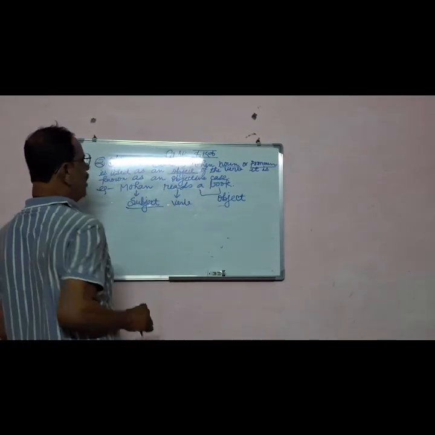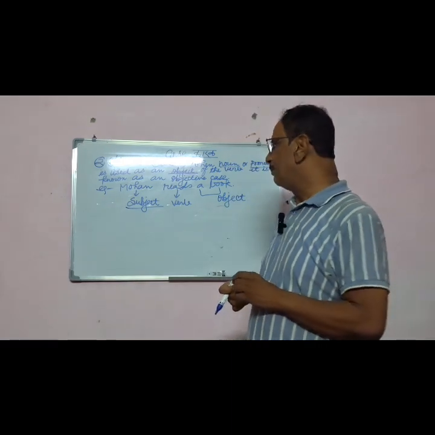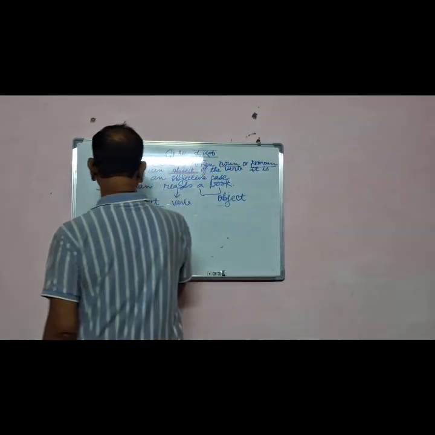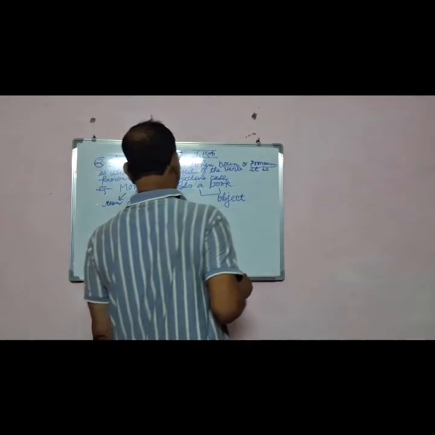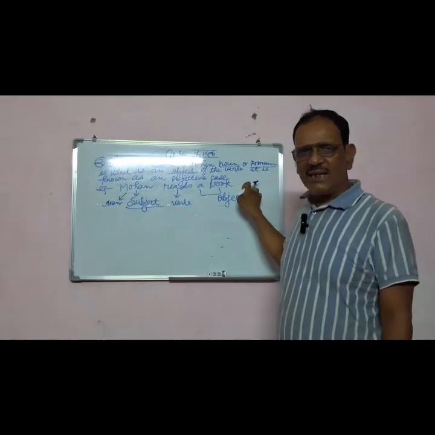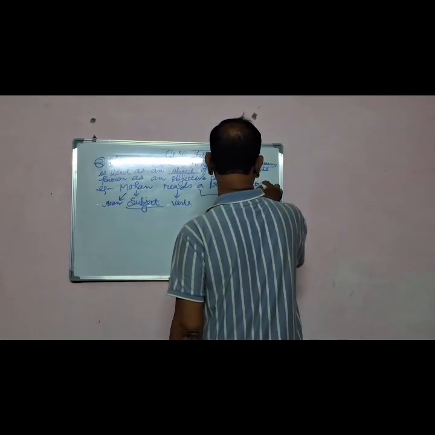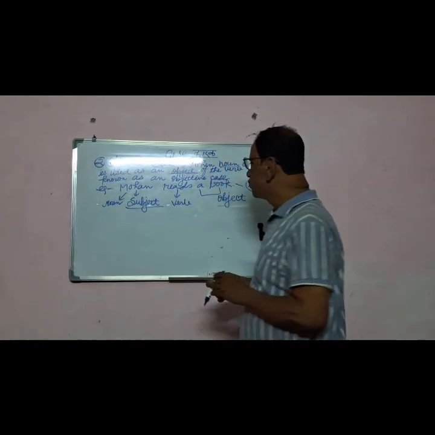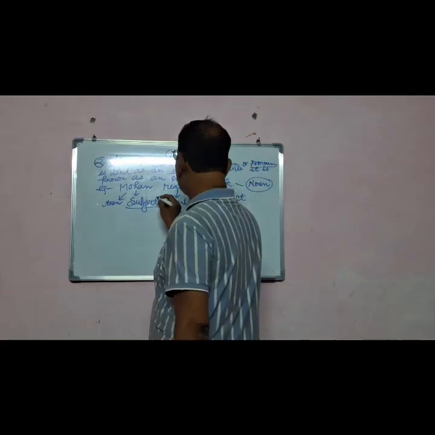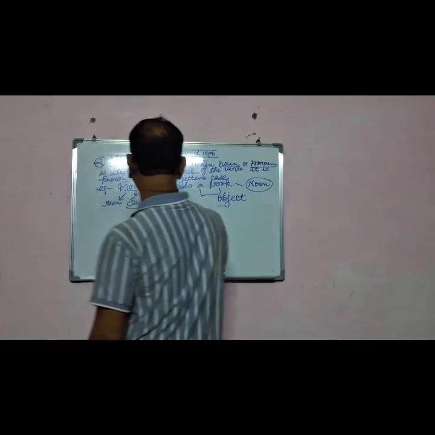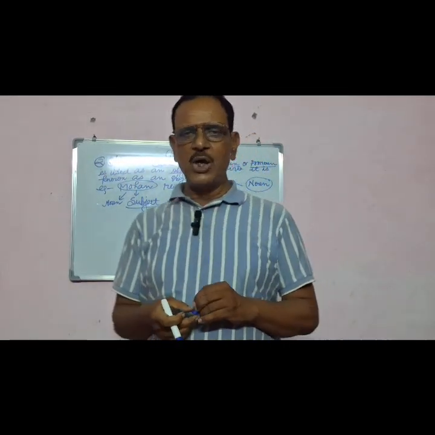Besides subject, we know that this one is a noun, and this one is also a noun. So what do I come to see here? Here we see that there are two nouns in a sentence. One is Mohan and the other is book. Both of them are nouns.